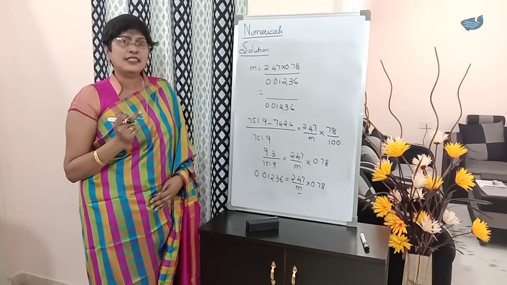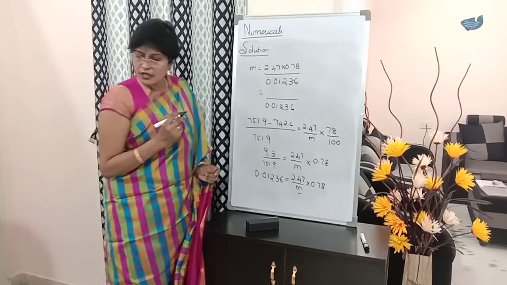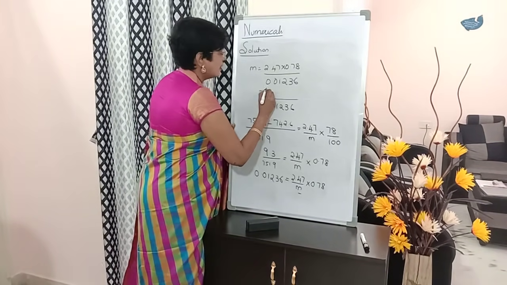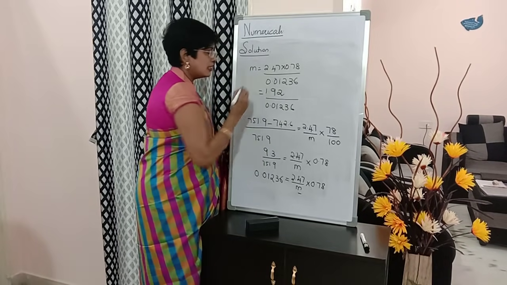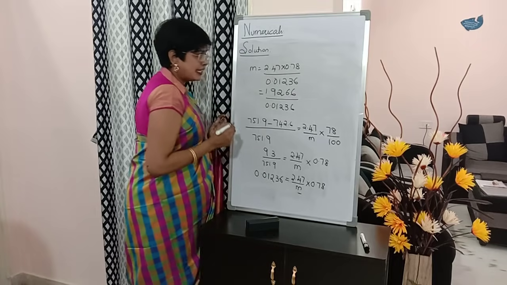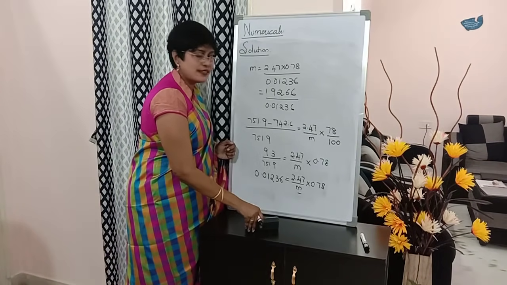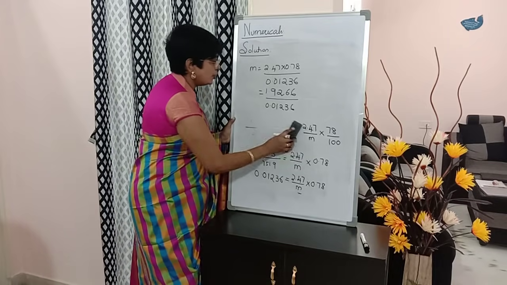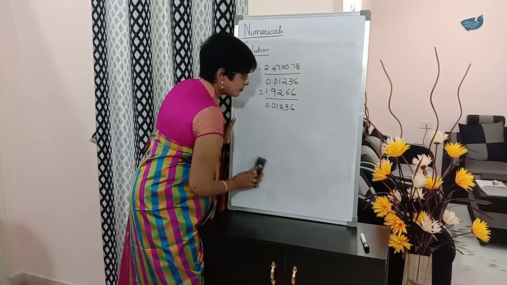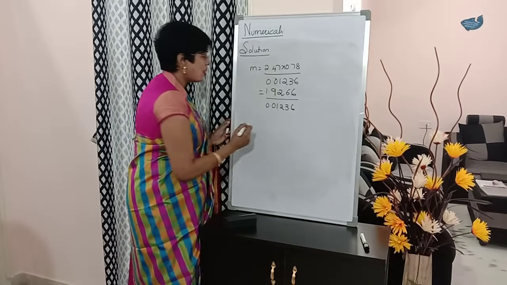So how much are you getting the value? 2.47 into 0.78. So I got it as 1.9266, divided by 0.01236. Right, students? Now divide numerator and denominator. If you do it like this, nowhere you will go wrong.